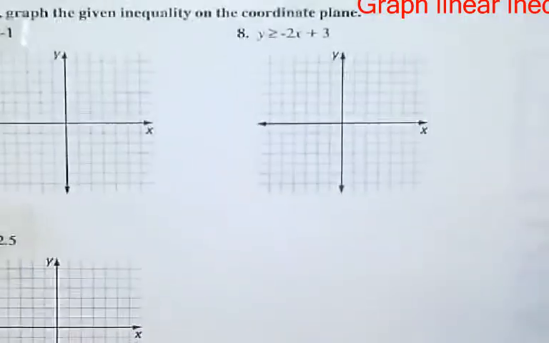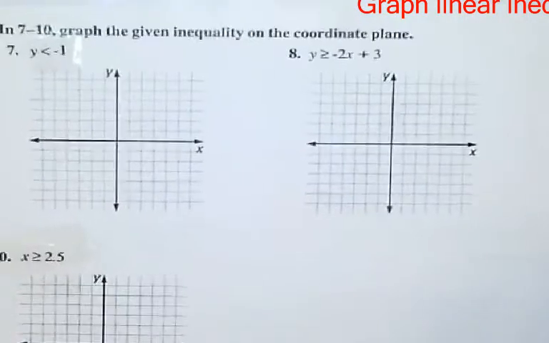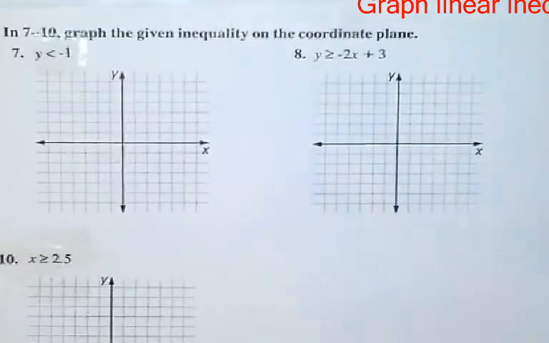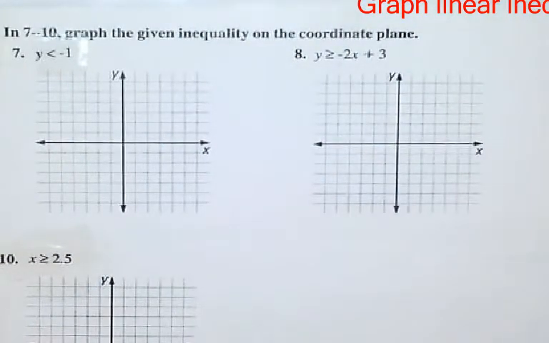So we can zoom in a little bit. All right. So look at this one. Y is less than -1. So solid or dotted? Dotted, right. -1's right here. So I'm going to get my dotted line going right there. Less than would be all the numbers less than.